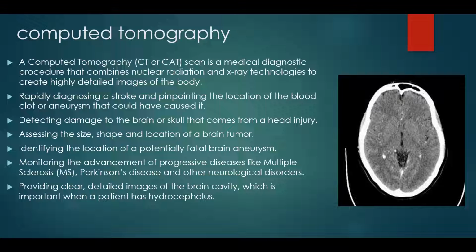Detecting damage to the brain or skull that comes from a head injury. Assessing the size, shape, and location of a brain tumor, and identifying the location of a potentially fatal brain aneurysm.